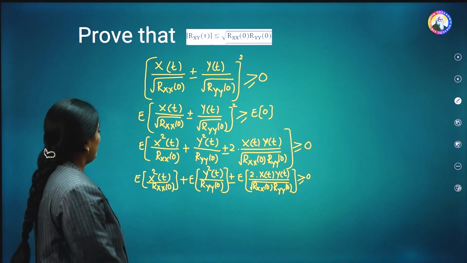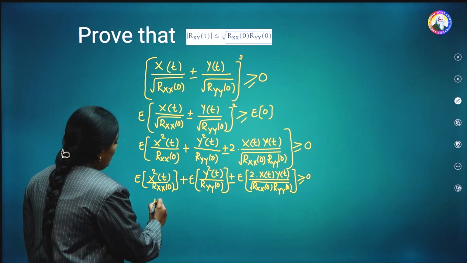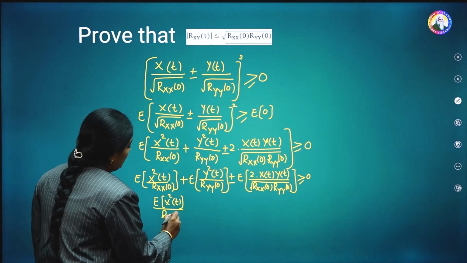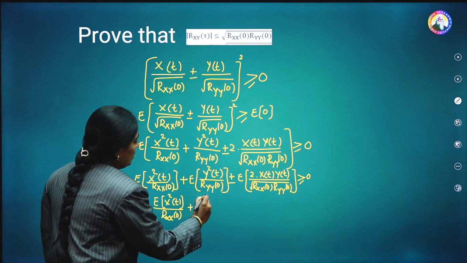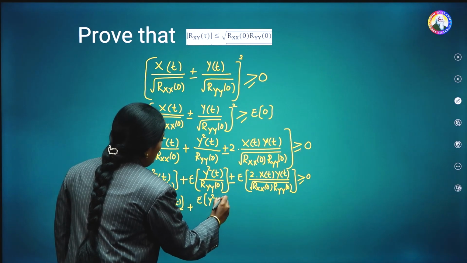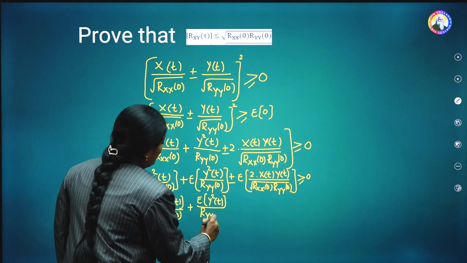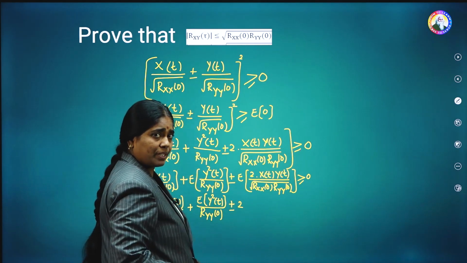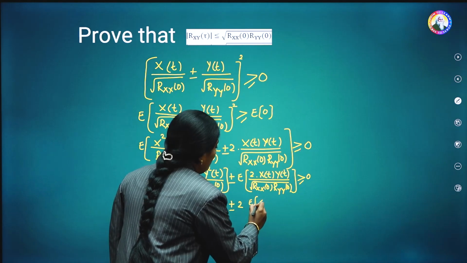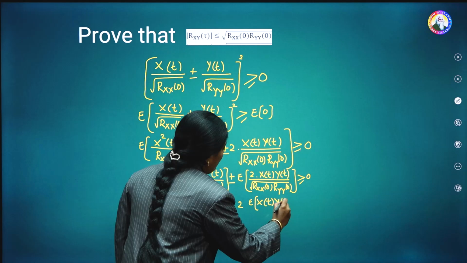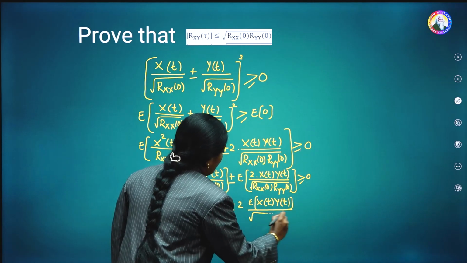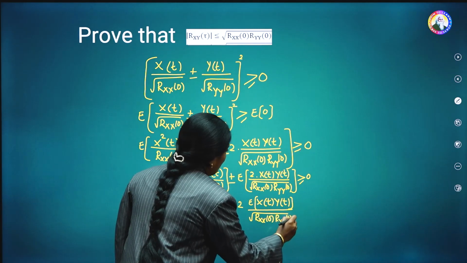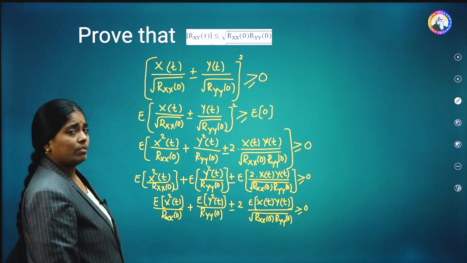Then applying that formula, you will get E of x square of t by rxx of 0 plus E of y square of t by ryy of 0 plus or minus 2 is a constant, take it out of the expected value, 2 into E of x of t into y of t whole divided by square root of rxx of 0 into ryy of 0. This is greater than or equal to 0.